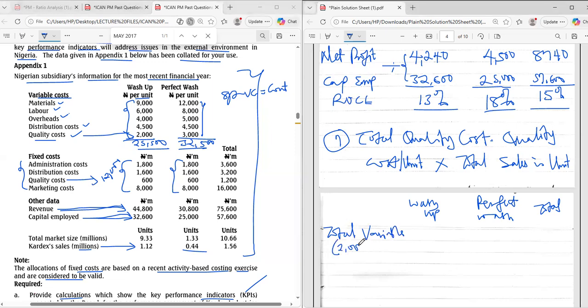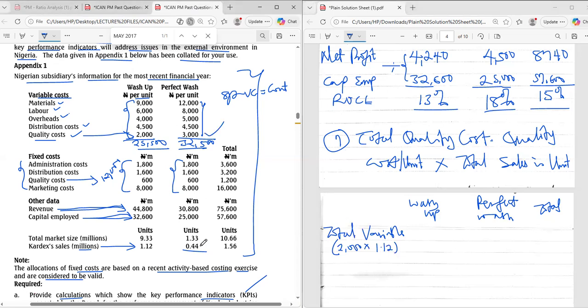So for the total variable cost, it will be what? 2,000 multiplied by what? 1.12. And the other one will be what? 3,000 multiplied by what? 0.44.